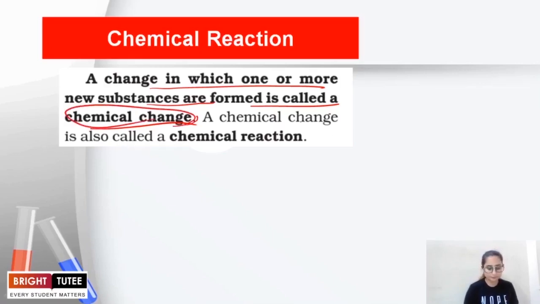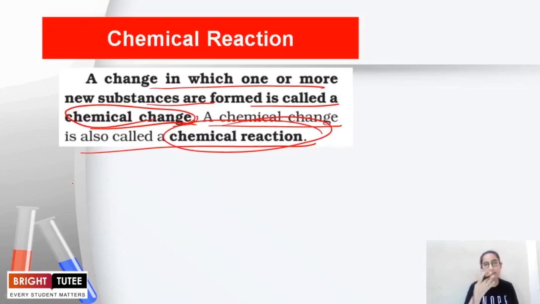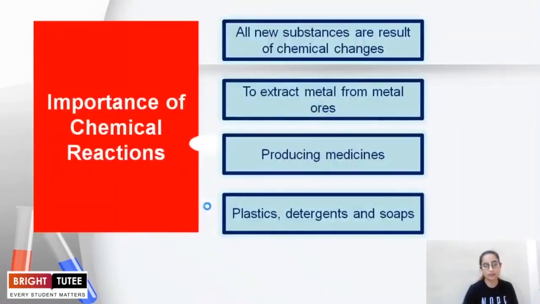Alright. A chemical change is also called a chemical reaction. So chemical change is basically a chemical reaction occurring. Chemical reaction tells us the detail. Chemical change only tells us that there is a chemical change happening, right? Chemical reaction gives us the details of the change, right? So these were some chemical changes that we learned about.